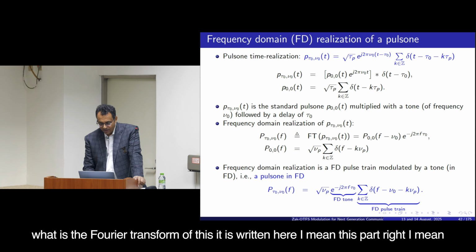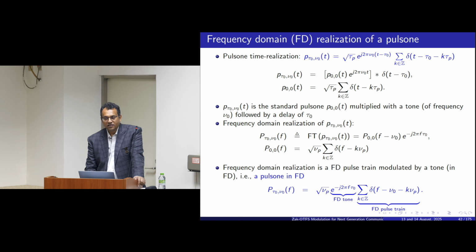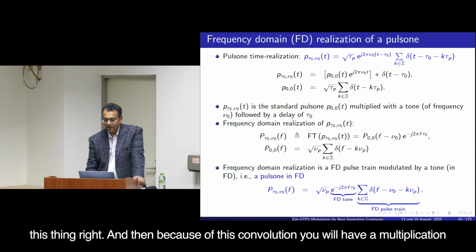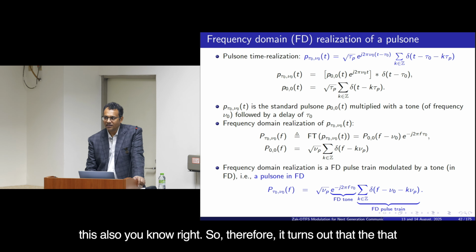The Fourier transform of this is simply the Fourier transform of the standard pulson shifted in frequency by nu naught, because this is a frequency shift operator. And then because of this convolution, you will have a multiplication with the Fourier transform of this term. The Fourier transform of this term is only this. This also you know, right?